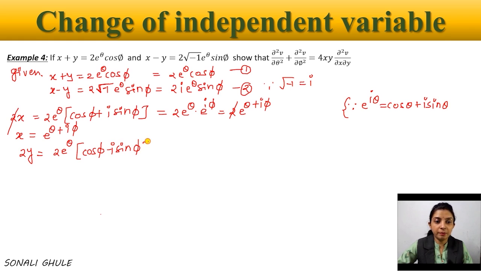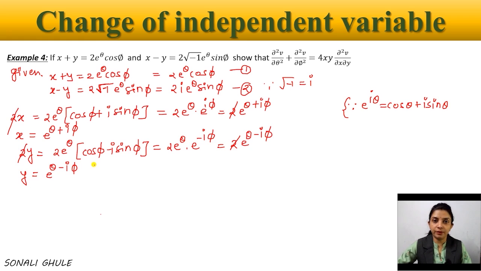When there is a minus sign, then this power is also negative: 2 e to the power θ minus iφ. Again the 2 gets cancelled. What is your value for y? e to the power θ minus iφ. So this is our equation A and this is our equation B. You got the values for x and y.